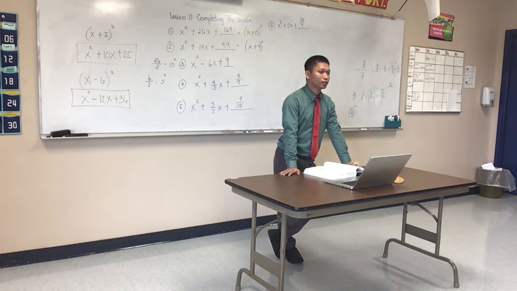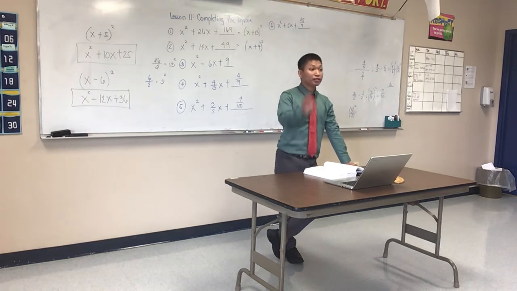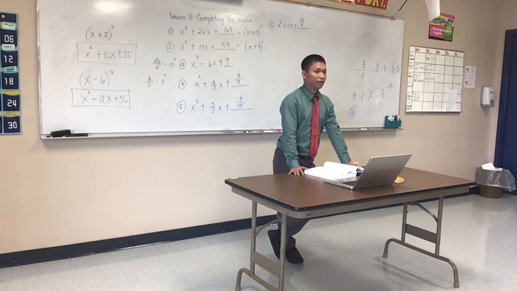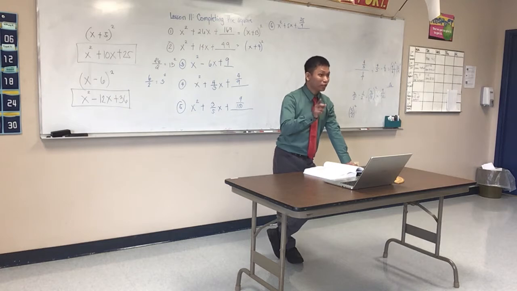What would be our last term? The middle term is 18. Oh, 18. I said 8. 18 divided by 2. It's 9. Right? 81. That's 9, then squared. Yeah, 81. That's correct. 81.